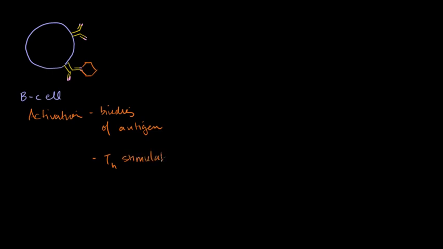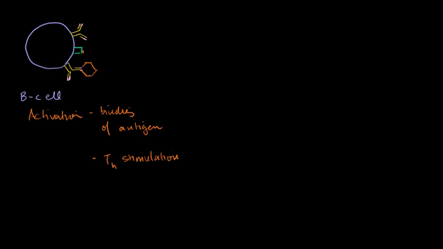And you might say, where does the helper T cell stimulate this guy? Well, B cells are also antigen-presenting cells, so it'll suck this guy in, break him up, and present him on an MHC2 complex. Let me do it someplace where I can draw a T cell coming in. Let's say this is an MHC2 complex. This guy gets cut up, and part of him gets presented right here.